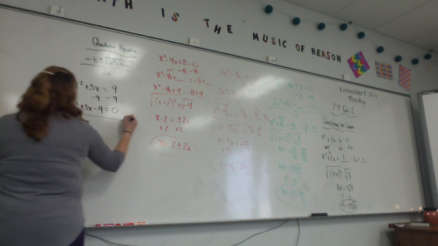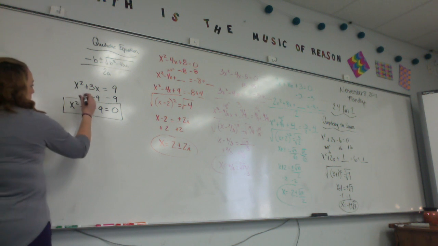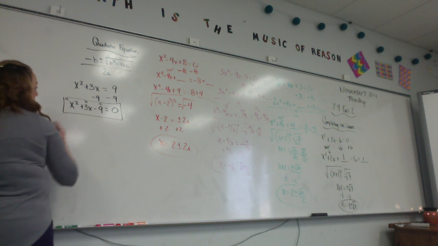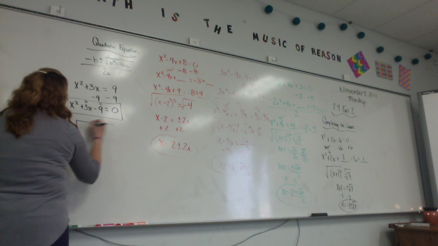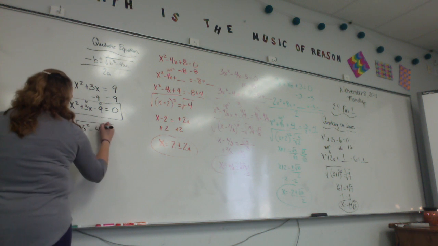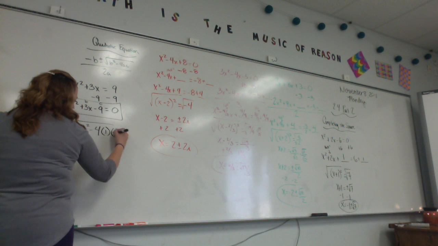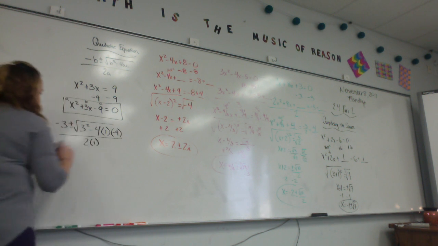Now I'm working off of this equation. What is my b? 3. 3 is the b part. Whatever's in front of x squared is the a. This is my c. So I'm taking the opposite of b plus or minus the square root of b squared minus 4ac. A in this case is 1, c is negative 9, all over 2a.